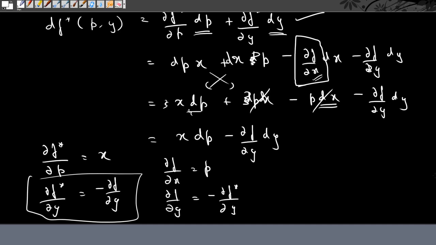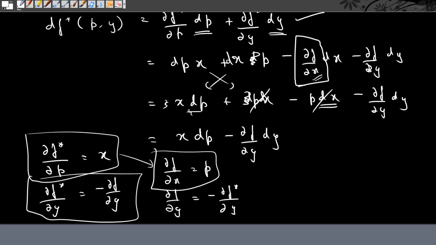So we see that the differentials, the partial derivatives, are in a way related with some form of symmetry, in the sense that ∂f/∂x gives us p and ∂f*/∂p gives us x.